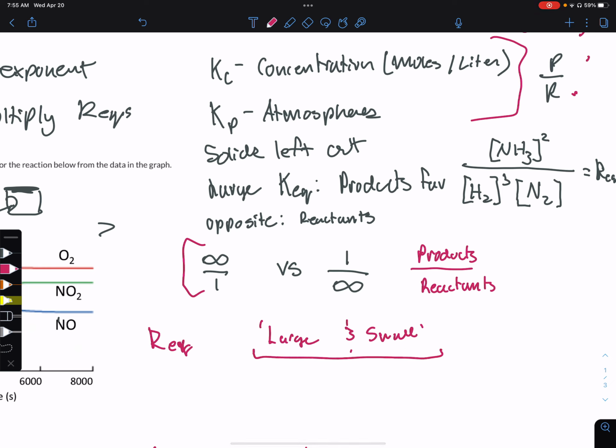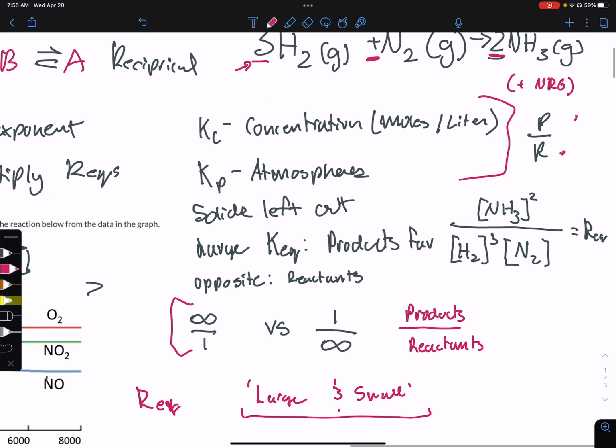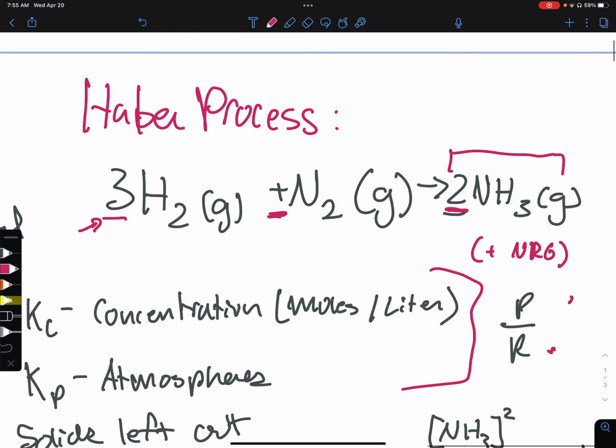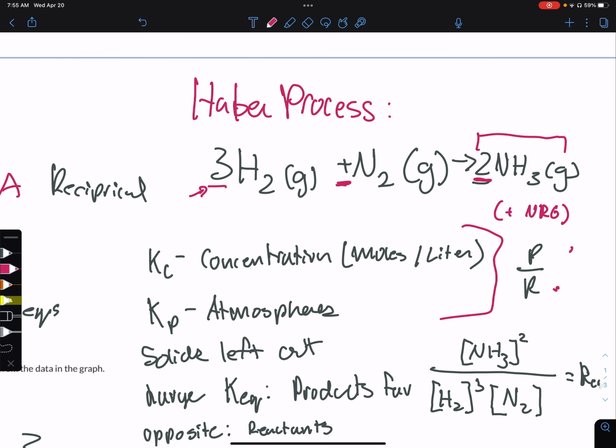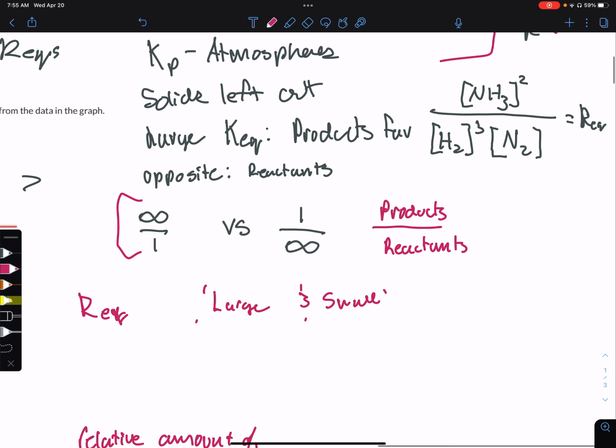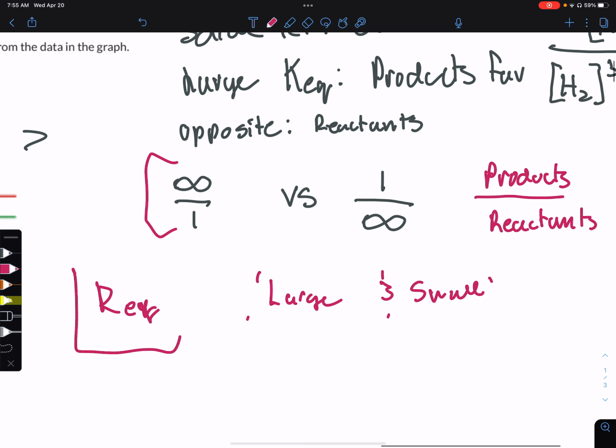Whether something is large or small depends on what you're comparing it to, because every single equation, like the Haber process, has its own. Their K equilibrium constants are relative to each other, and scientists experimentally find these true KEQ values, but usually for the test they'll give them to us.